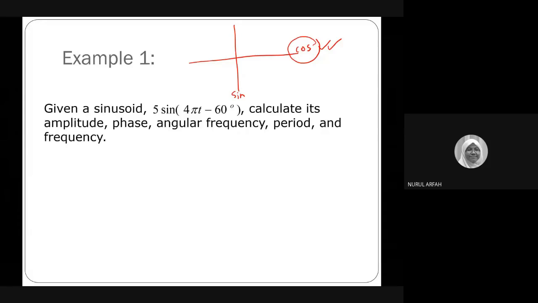Okay, so in order for you to convert from sine to cosine, you have to minus 90 degrees. From sine to cosine, you need to minus 90 degrees. And this part is actually a minus sine, and this part is a minus cosine. If you want to convert from minus sine to cosine, then you need to plus 90 degrees.